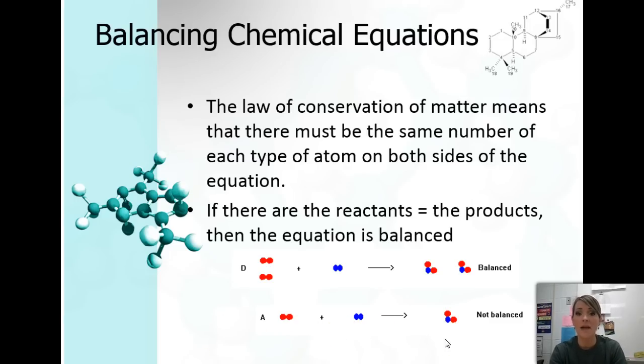Conservation of mass says your before has to equal your after, both in the number and kinds of atoms, and therefore your mass is equal before and after. So here we have 2 of the red atoms before and 2 after, so that's equal. But we have 2 of the blue before and only 1 after, so that is not balanced.